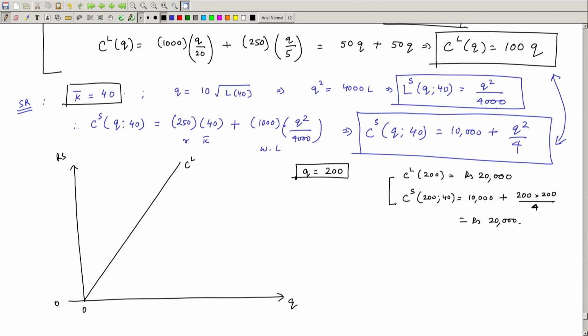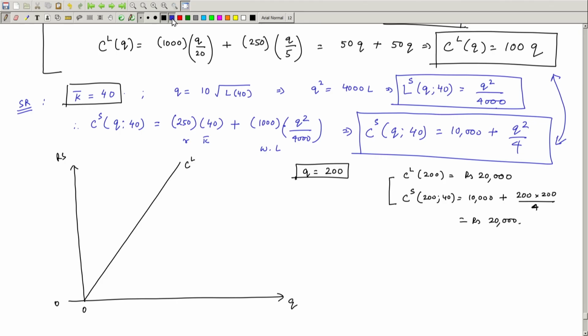We said to produce 200 units of output, when the amount of capital is fixed at 40 in the short run, the short run cost will be exactly equal to the long run cost. We also have learnt that the long run cost can never be greater than the short run cost. Whatever I can do in the short run, I will be able to replicate in the long run, because the long run gives you more flexibility. I can not only choose labor, I can also choose capital.